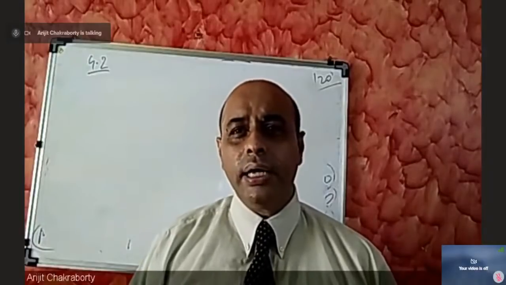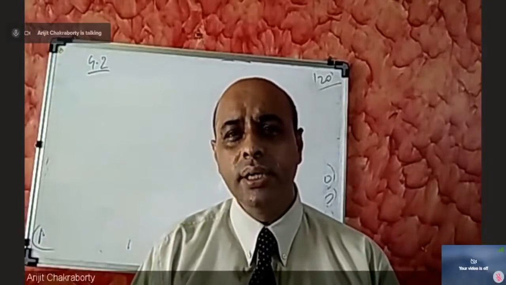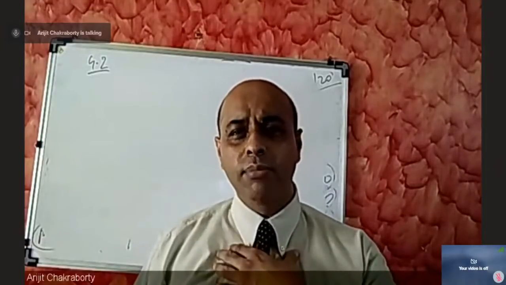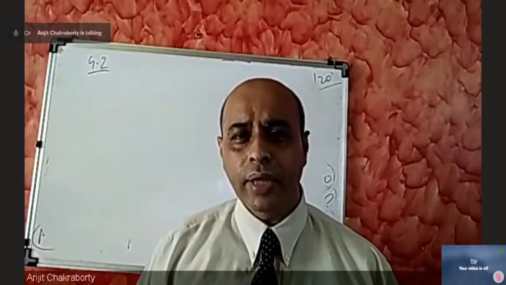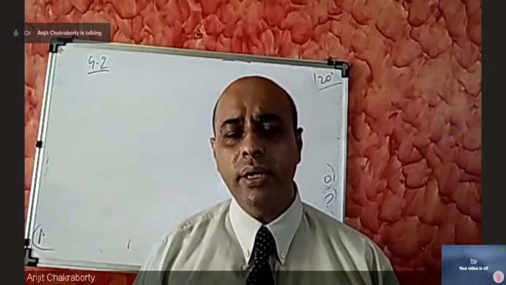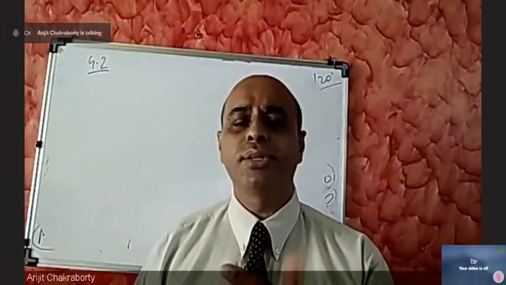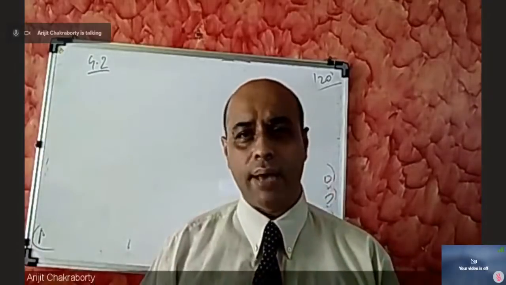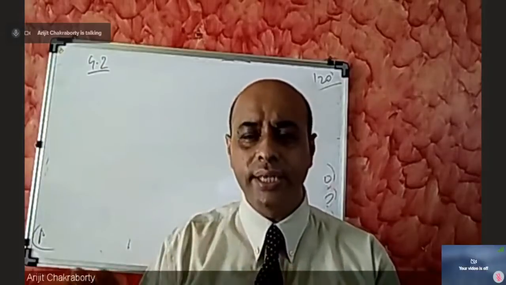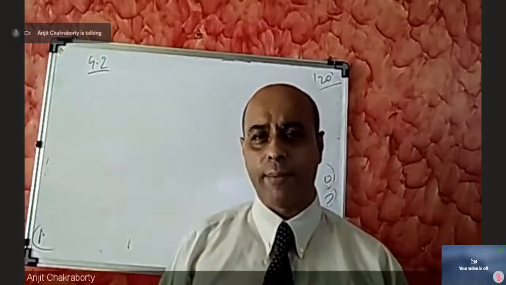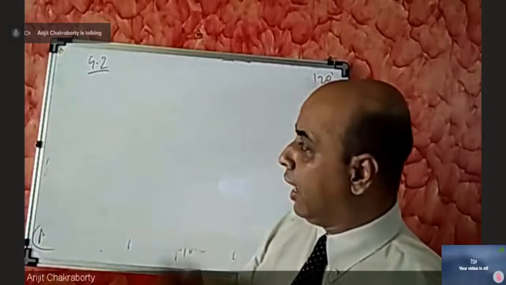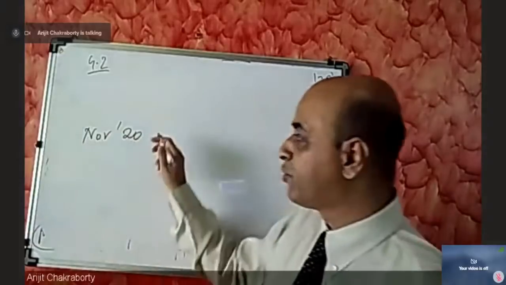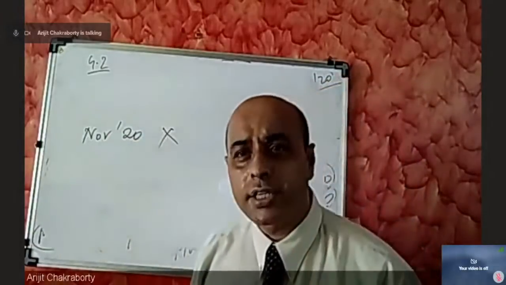Friends, think of a student who is appearing for CA Final. Say I am a student appearing for CA Final and I am supposed to appear in the month of November 2020. Now if I fail in the exam, in spite of my efforts, say due to some reason, I could not pass.